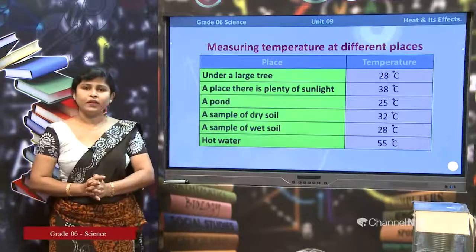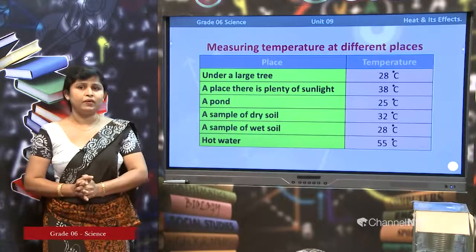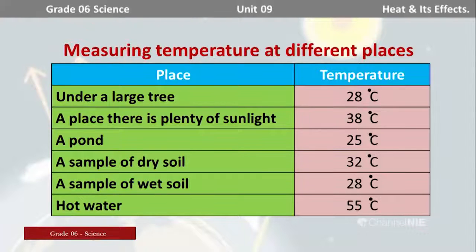And a pond, you can see there is a low temperature, 25 degrees Celsius. A sample of dry soil, the temperature is about 32 degrees Celsius. And a sample of wet soil, 28 degrees Celsius. And hot water, a high temperature, that is 55 degrees Celsius.